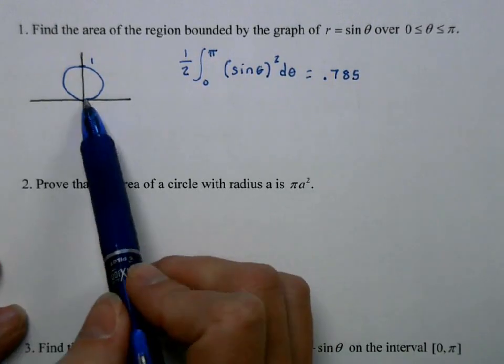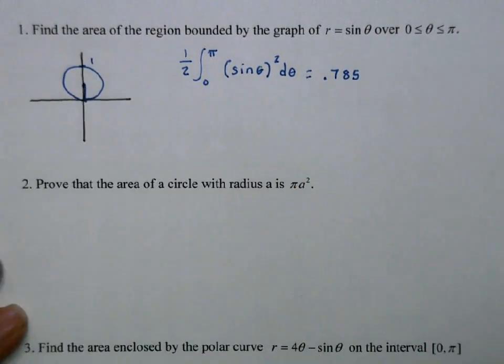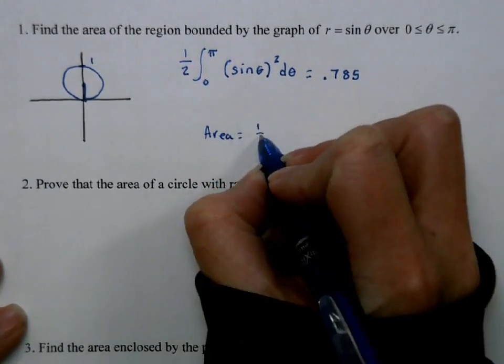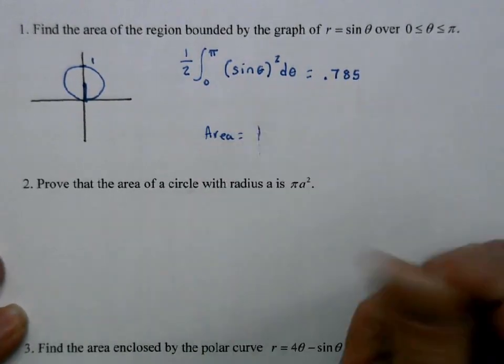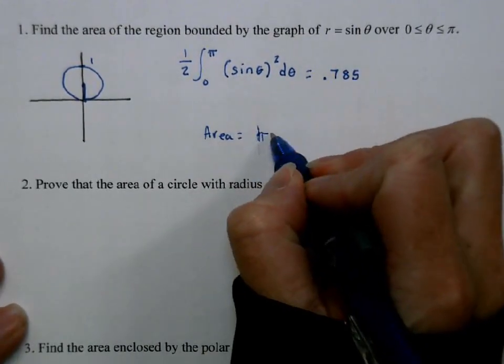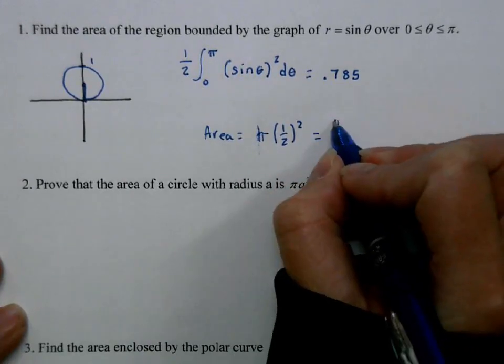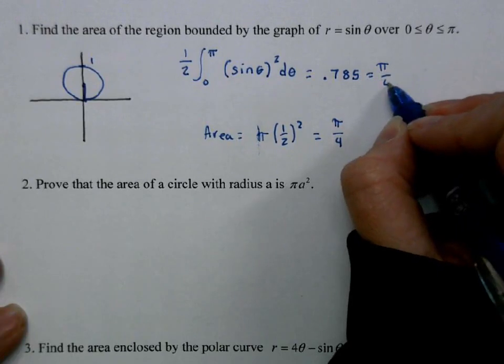If I just wanted to find the area of this circle, this has a radius of 1/2. So the area would be pi r squared, where r is 1/2, or pi over 4. If you type pi over 4 into your calculator, that's exactly what you get here.